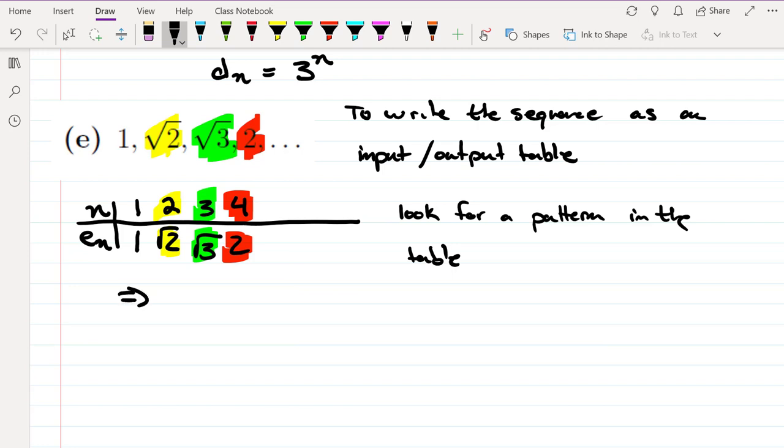Well, this seems to imply that our rule is we take our input n and we take its square root, because the square root of 1 is 1, the square root of 2 is the square root of 2, the square root of 3 gives us the square root of 3, and the square root of 4 gives us 2. So the next member of the sequence would be the square root of 5.